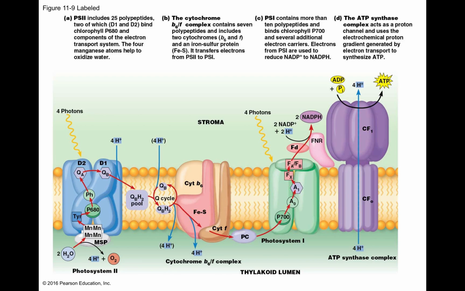But unlike in mitochondria, which got their energy, those high energy electrons, from breaking down food, glucose, plants are getting their high energy electrons from the sun by just taking apart water and passing on electrons ultimately to NADPH, and then using the change in electron energy to move protons, and then using those protons to make ATP.